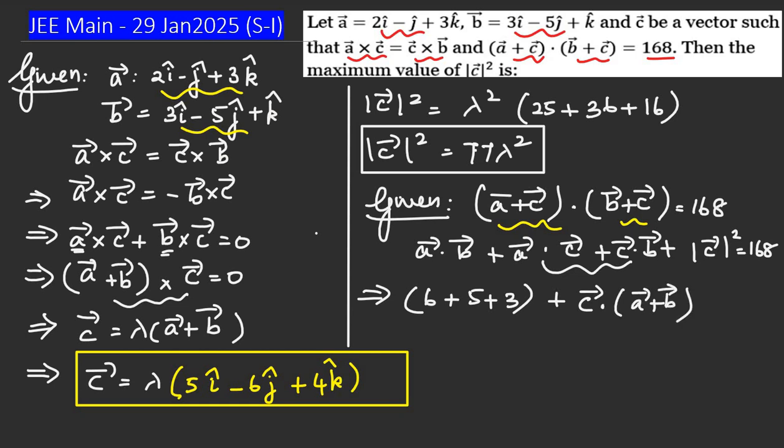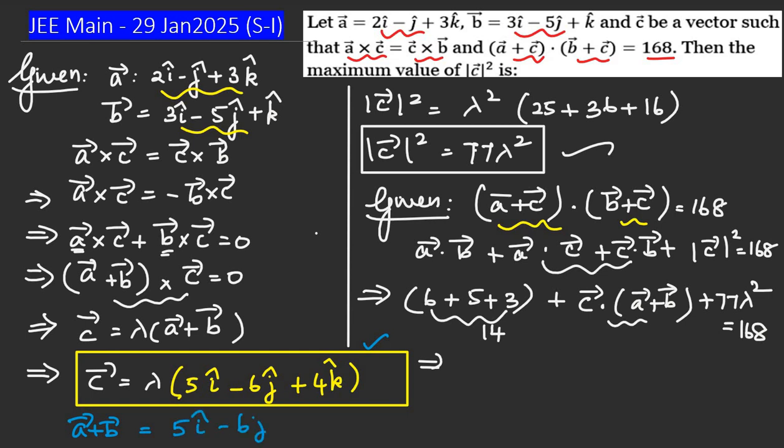|C|² is given to us to be 77λ², which is equal to 168. Just a simplification: plus 3 gives us 14. Therefore, C·(A + B) plus... C vector is known to us. A plus B vector, adding A and B, we get the same 5i − 6j + 4k.